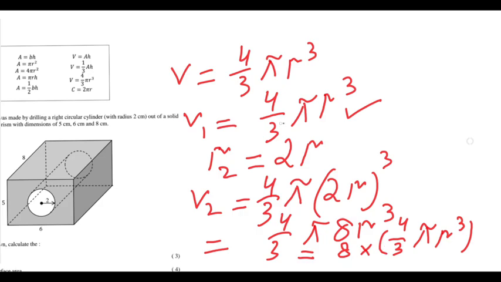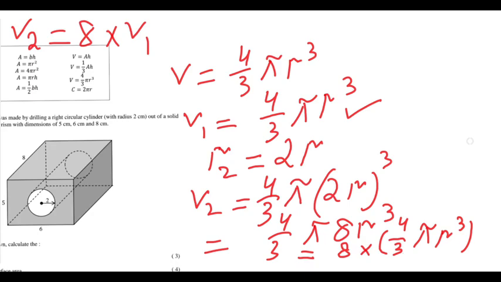Now we can compare volume 2 to volume 1. Volume 2 is going to be equal to 8 times volume 1. You can see volume 1 is 4 over 3 pi R cube, and volume 2 is 8 times 4 over 3 pi R cube.